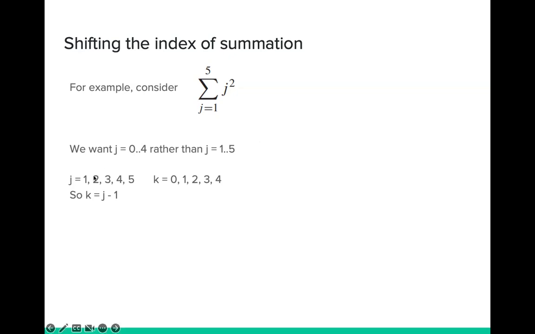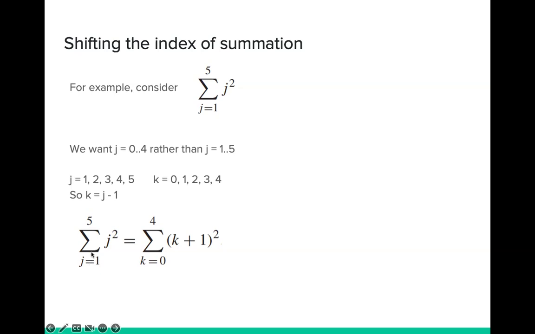Okay, so if we have j as 1, 2, 3, 4, 5, and k as 0, 1, 2, 3, and 4, so k would be basically equivalent to j minus 1, or we are simply subtracting 1 from each value of j. Okay, so we then have this equivalent.